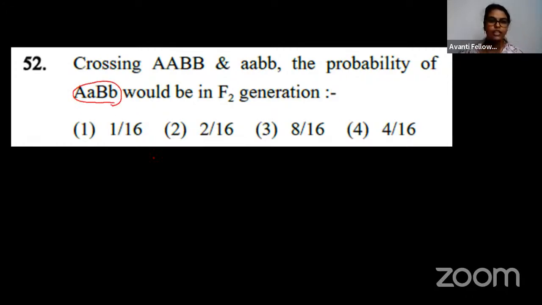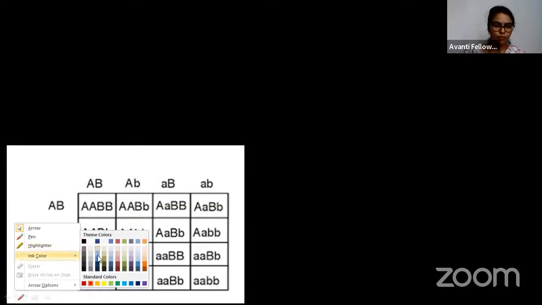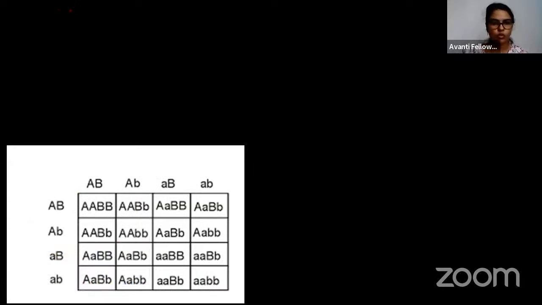In the F2 generation, what are we going to do? Let's see that in the next slide. Here it is very simple. The question was asking capital A, capital A, capital B, capital B, crossed with small a, small a, small b, small b. This is the parental generation.